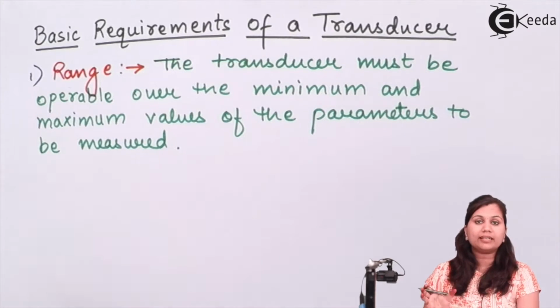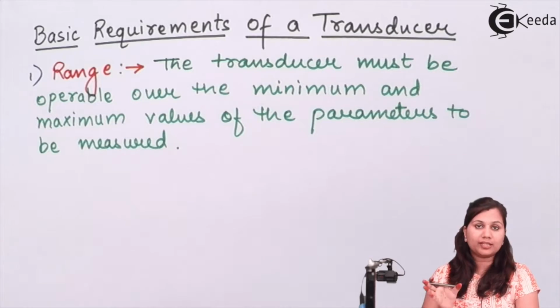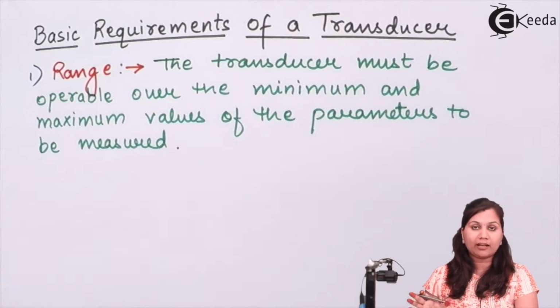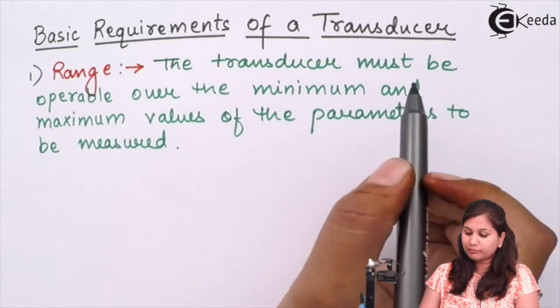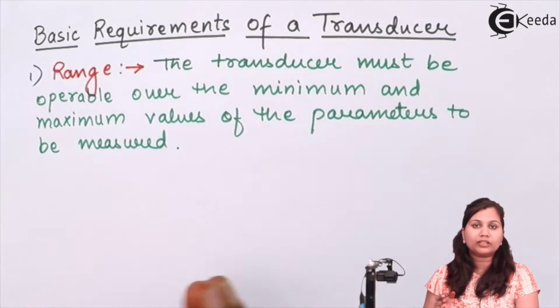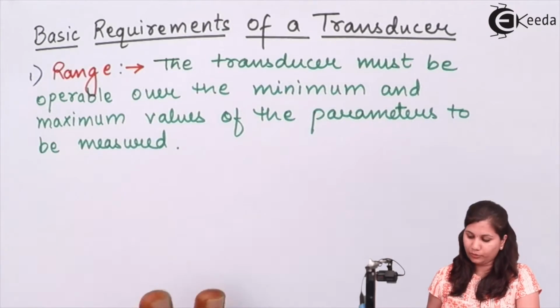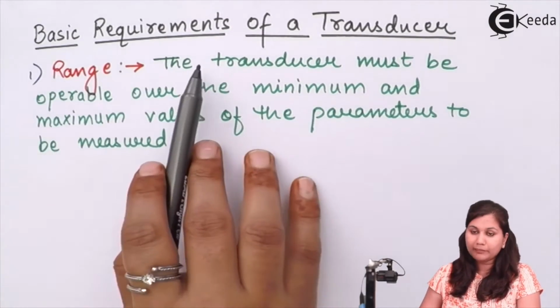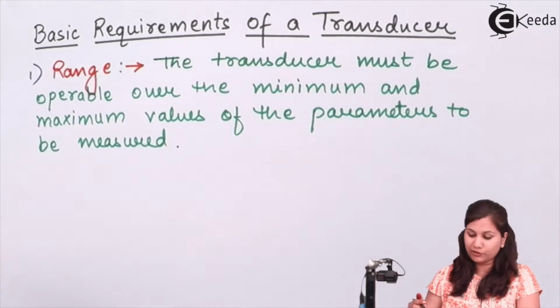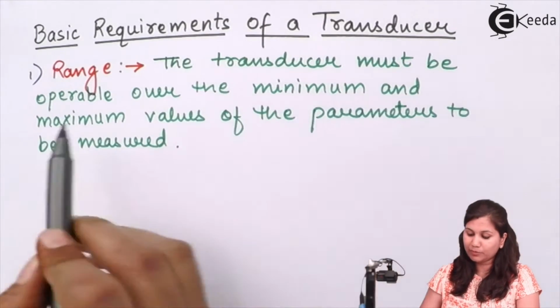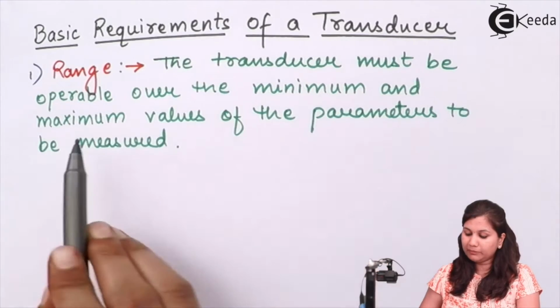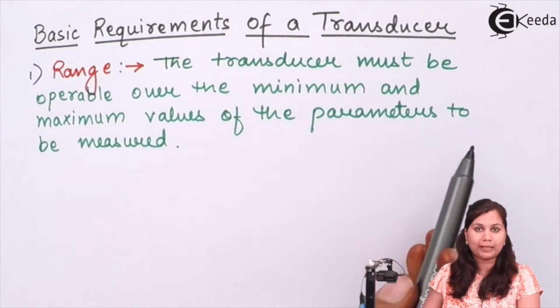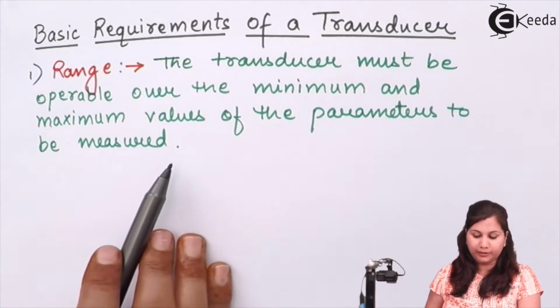Means in the entire range in which this input quantity is available, the transducer must be operable. So the first requirement is that the transducer must be operable over the minimum and maximum values of the parameter to be measured.